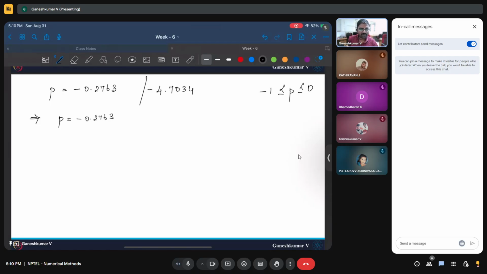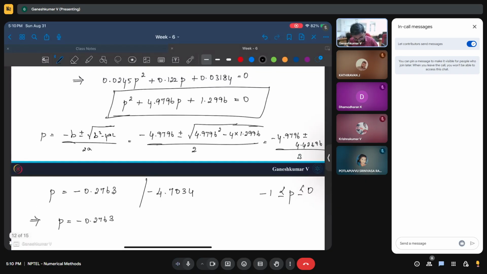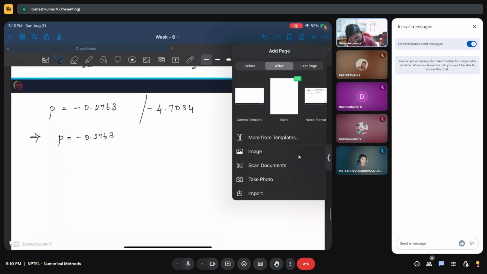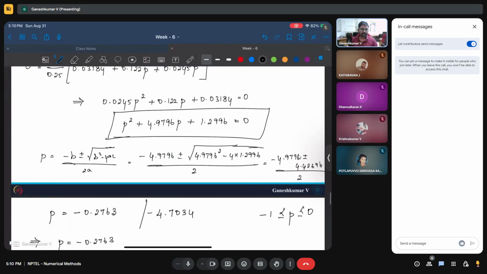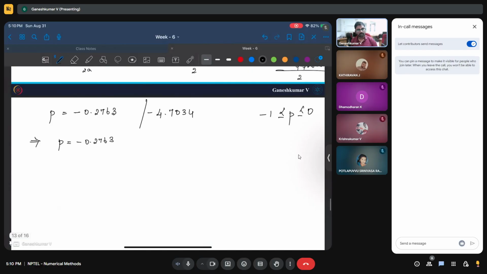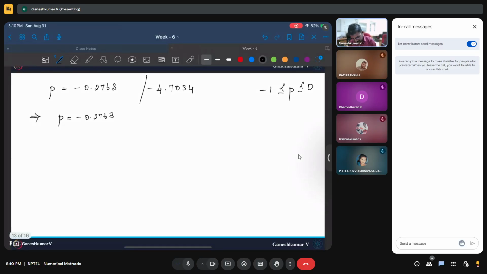I hope you guys are following me. I just did mathematics, some arithmetic. So basically what I did is I substituted it, got an expression in p as a polynomial and then just tried to find the root. And I'm going to choose only the root which makes sense in this scenario, which is p equal to minus 0.2763, and this is equal to x minus x naught by h. So what you need is x is equal to x naught plus ph, correct?